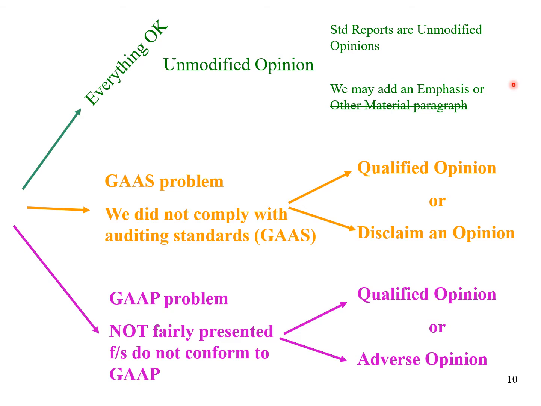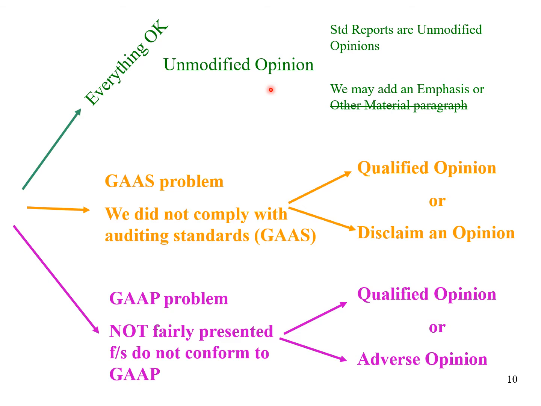If we add an emphasis of matter paragraph, the opinion is still unmodified, but it's no longer a standard report. So you got that standard report is the report we just looked at. Unmodified opinion is where we don't change the opinion paragraph. Okay, so think that through as we go through here.